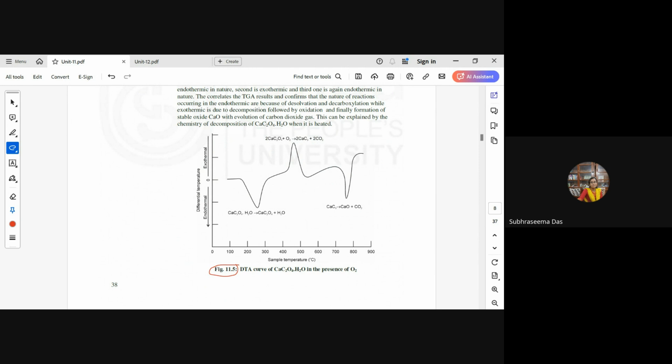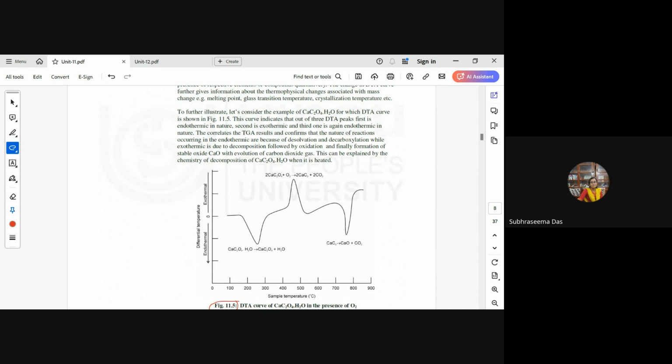The measurements have been taken in the presence of oxygen. If we look at the curve, we can see three major DTA peaks. The first peak, since it is downward, is endothermic in nature. The second peak, since it is upward, is exothermic. The third peak is downward, so it is an endothermic reaction.